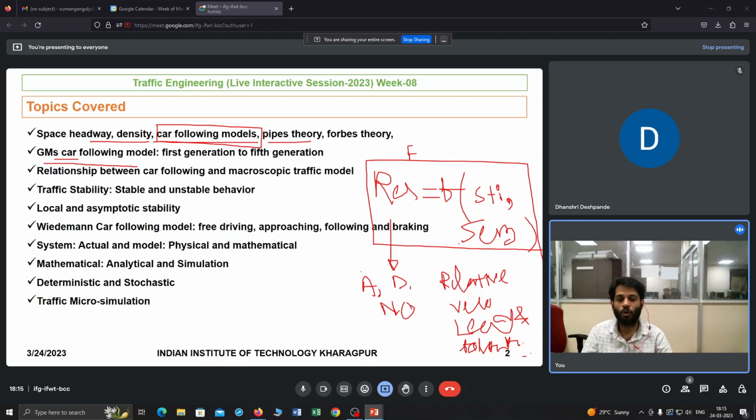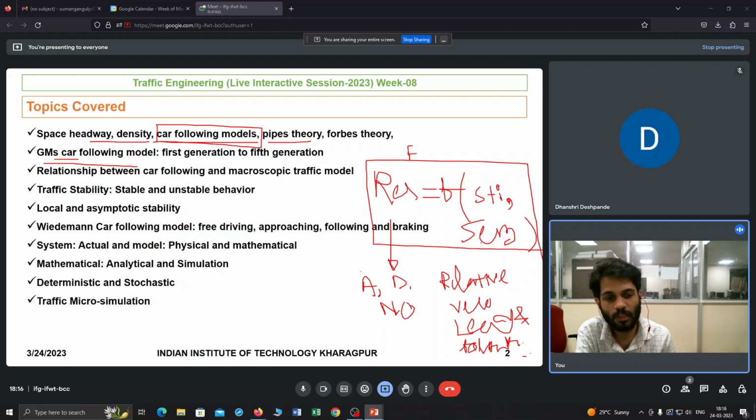There is something called sensitivity, which also influences my acceleration and deceleration. But how is it different from stimuli? Stimuli is a necessary thing to consider here, because obviously if I am traveling in the same lane in the same direction, based on my relative speed I should be able to adjust or maneuver my vehicle in order to properly react, whether it is acceleration or deceleration or something else.